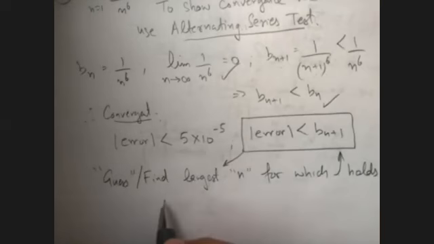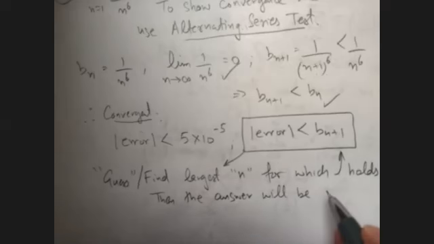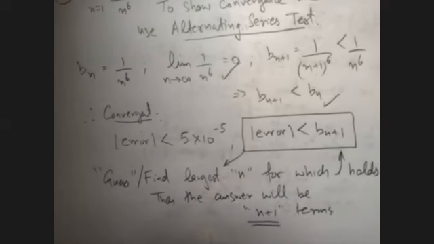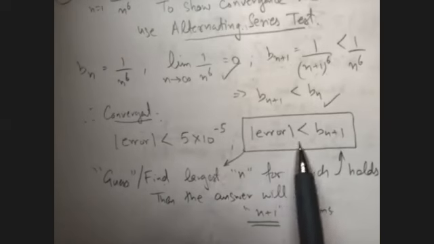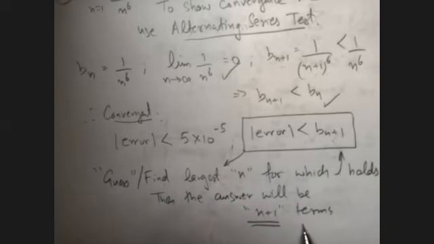Then the answer will be n plus 1 terms. So if we can guess or find the largest n for which this condition is true, then the answer will be n plus 1 terms.